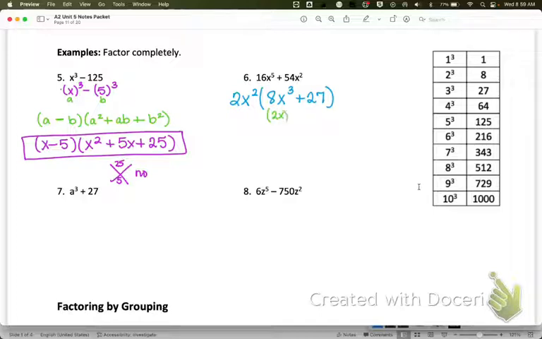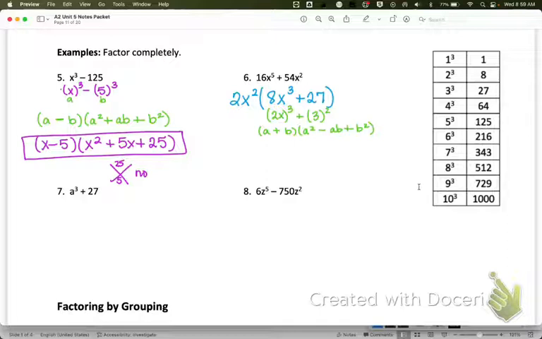This is 2x cubed plus 3 cubed. Again, use the numbers on the side table there to help you. And so the rule is going to be a squared, ab, b squared. Now we do our signs. Same sign, plus, opposite sign, minus, always a plus.